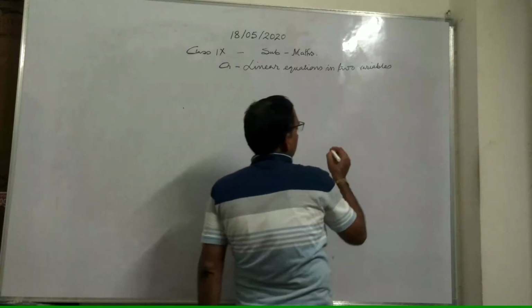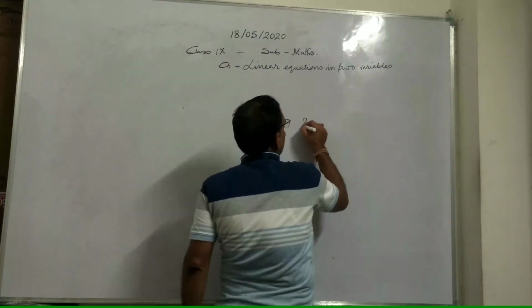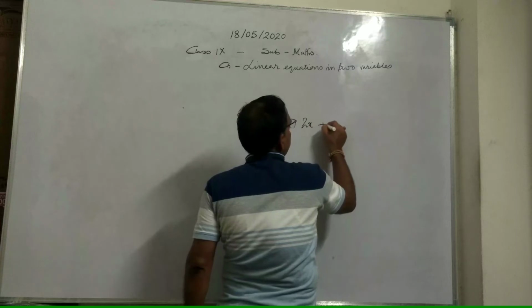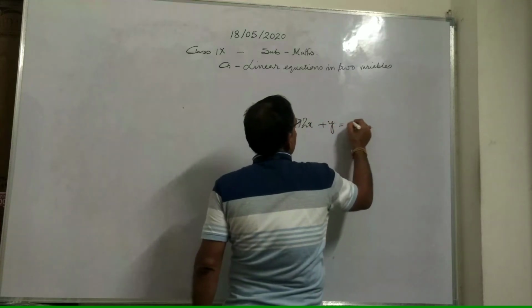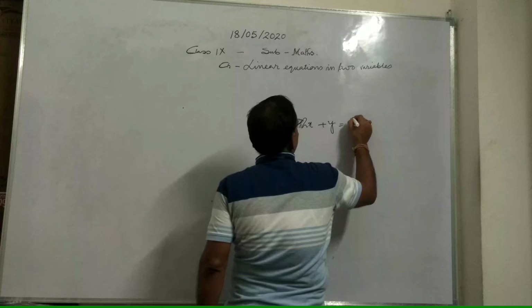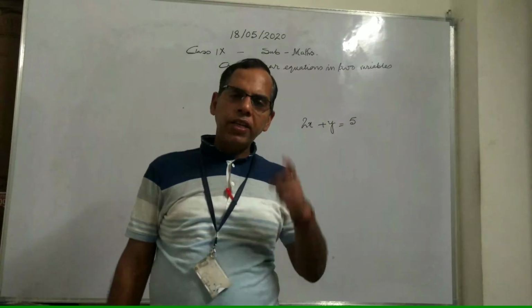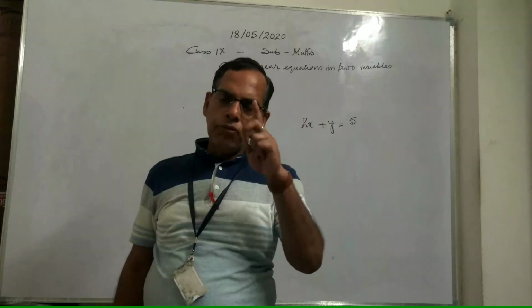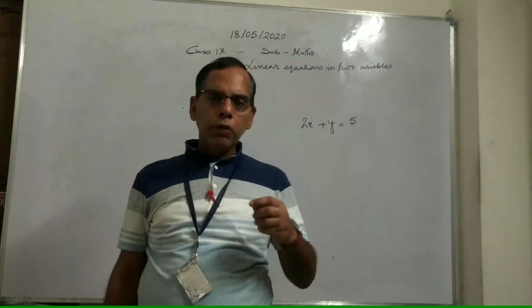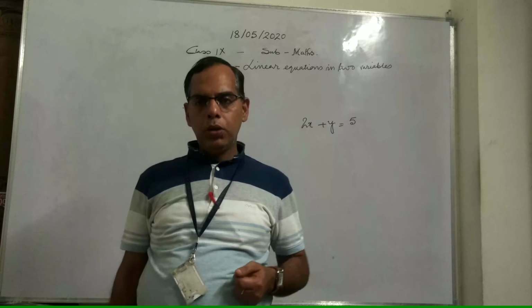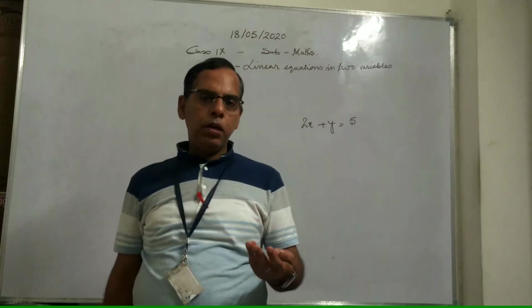See, suppose twice x plus y equals 5. Now to calculate the values of x and y, what is the first condition? The first condition is that you have to convert into a dependent equation.